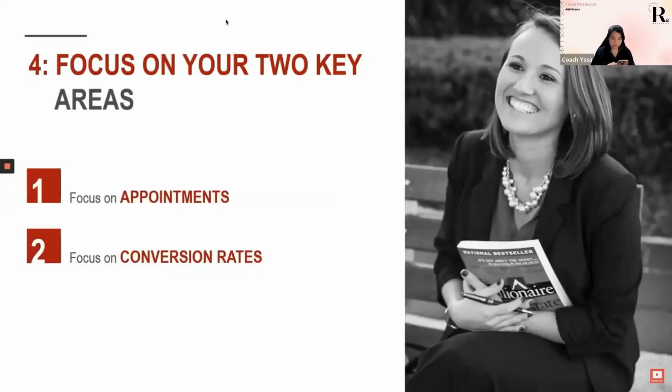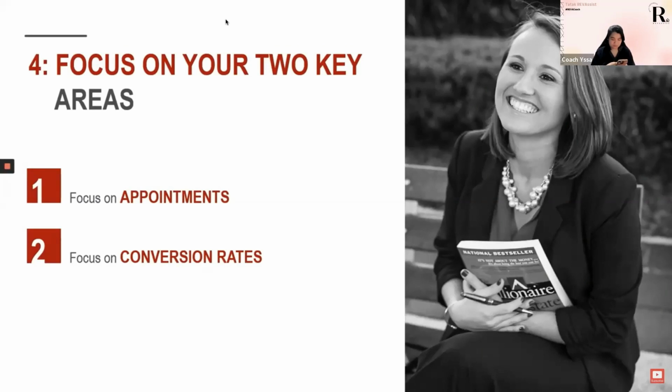Two of the things that we can control and really focus on throughout the year are the number of appointments, buyer appointments and seller appointments, that we're going on, as well as our conversion rates. We want to know what our conversion rates are and keep tracking them. How many telephone dials do you need to make in order to get a live answer?